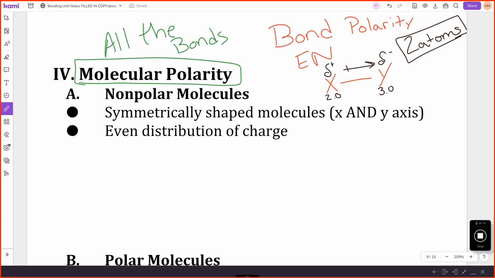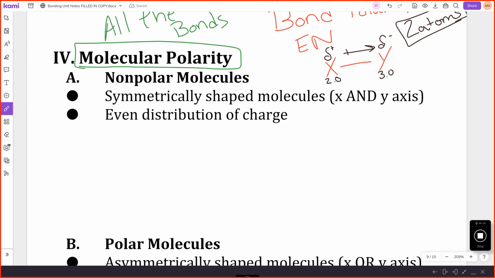Bond polarity is one specific bond, so two specific atoms, whereas molecular polarity is all of the bonds and all of the atoms. And the way we do this is we're just looking at the shape.